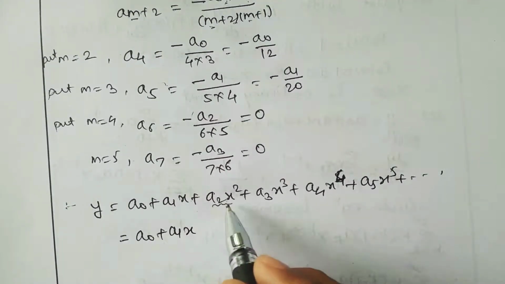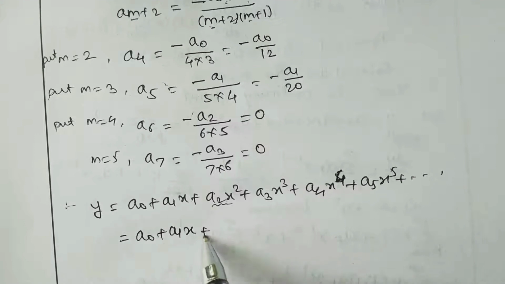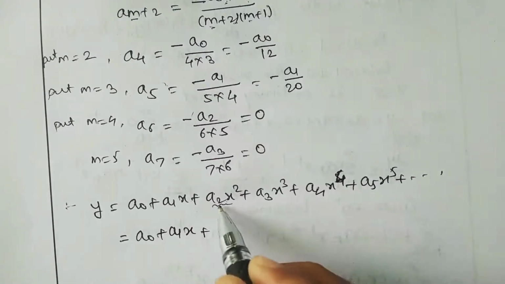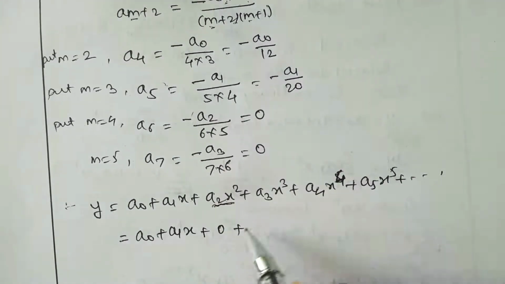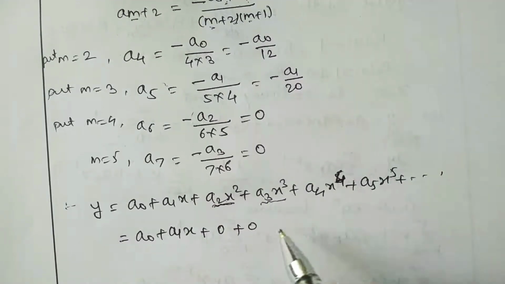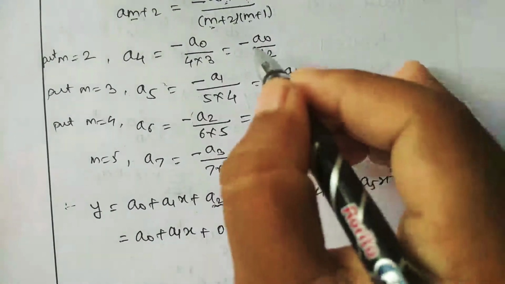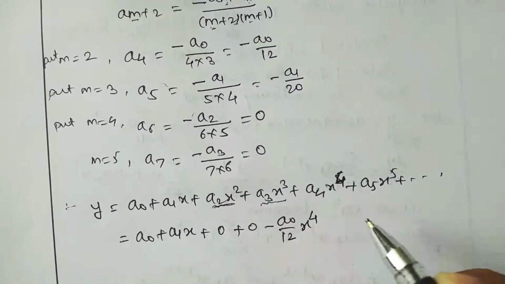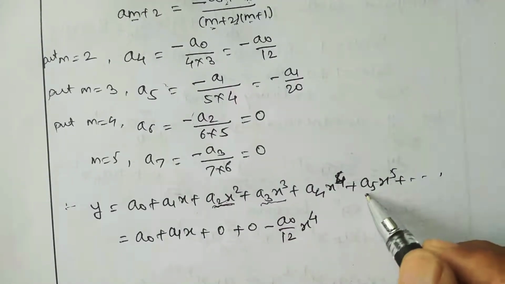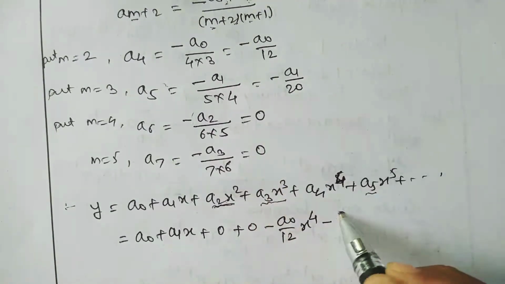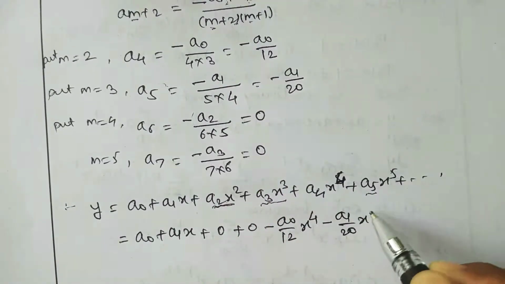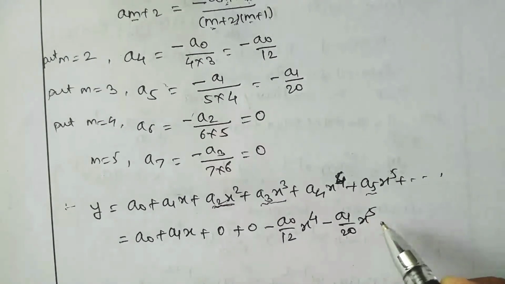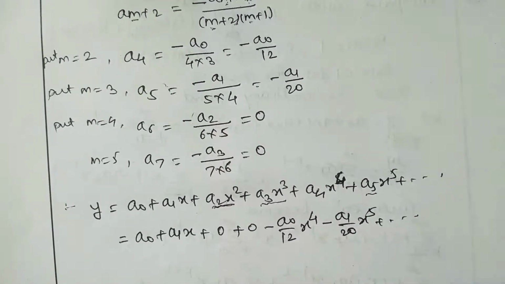The value of a2 is 0, so this term is 0. Also the value of a3 is 0, so this term is also 0. Then the value of a4 gives -a0/12 into x^4, and the value of a5 is -a1/20 into x^5, plus so on. The remaining terms we are not going to calculate.